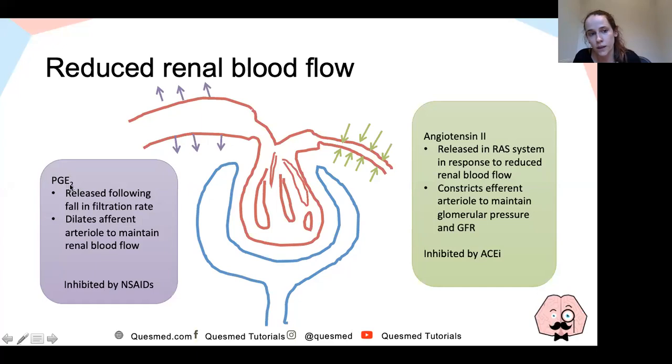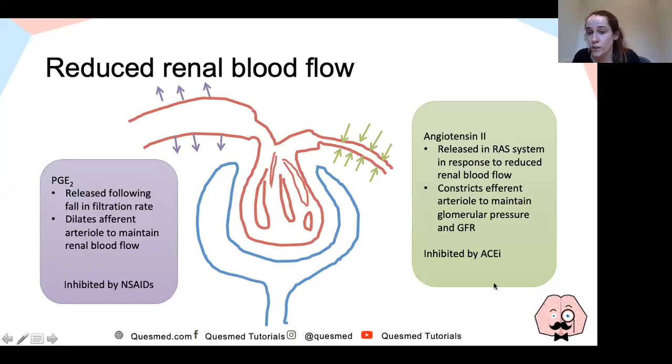That's part of their mechanism of action. And therefore, if we give NSAIDs, then prostaglandin E2 release is reduced, and therefore we can't as well do this dilation of the afferent arteriole when we have a reduced renal blood flow. So it's only when renal blood flow is reduced that this becomes a problem.